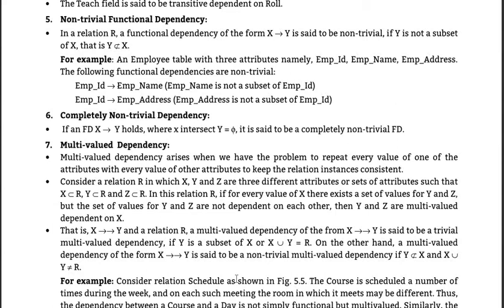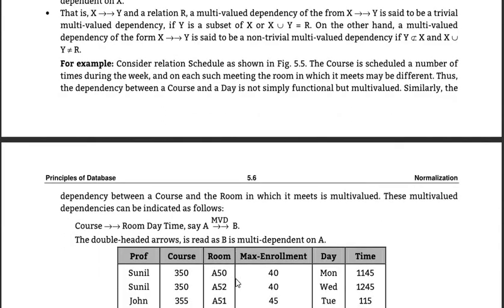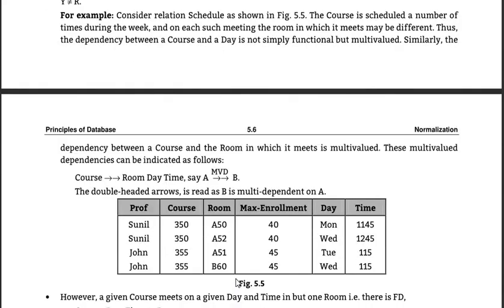On the other hand, a multi-valued dependency of the form X determines Y is said to be a non-trivial multi-valued dependency if Y is not a subset of X and X union Y is not equal to R. For example, consider the relation schedule, as shown in the following figure.